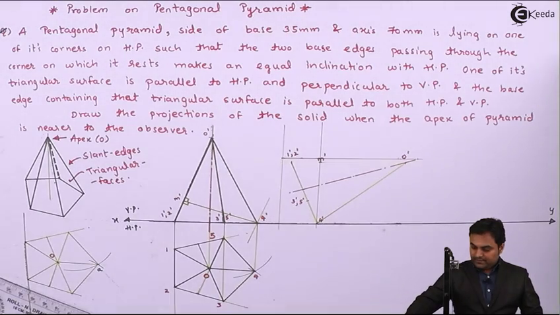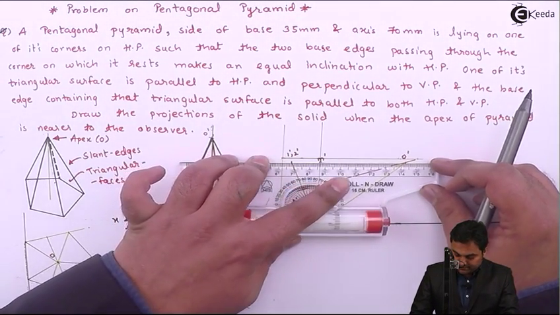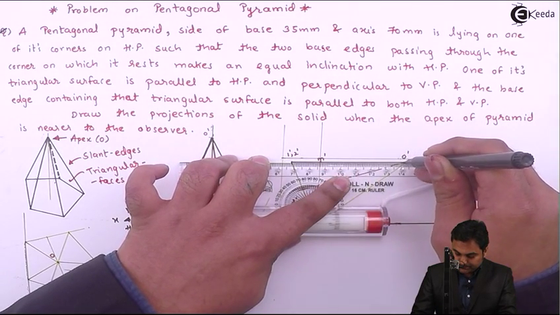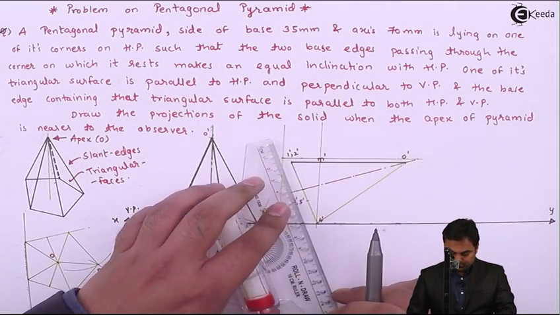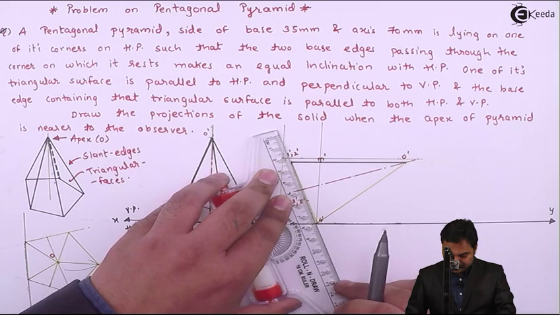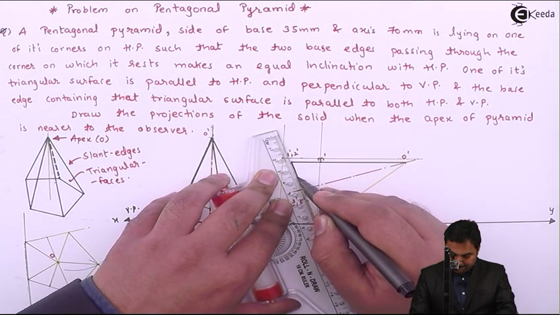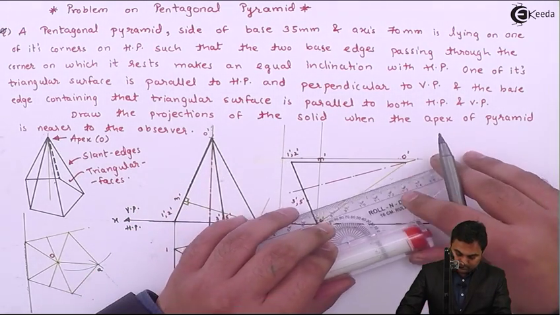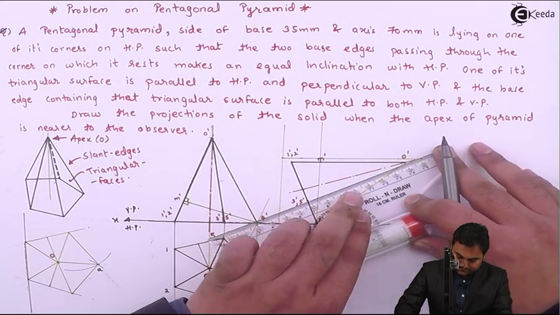Next, I'll be connecting all these slant edges one by one, starting with O dash, 1 dash, 2 dash. Then this base edge, joining 3 dash, 5 dash to O dash.